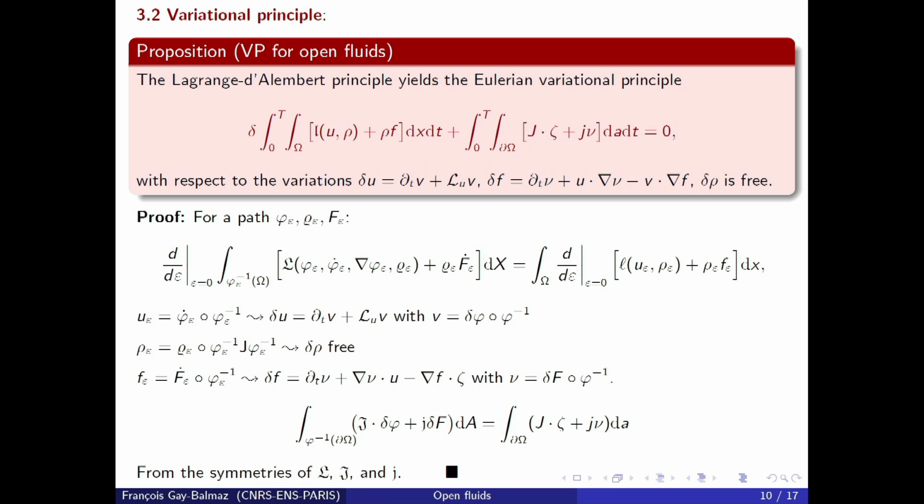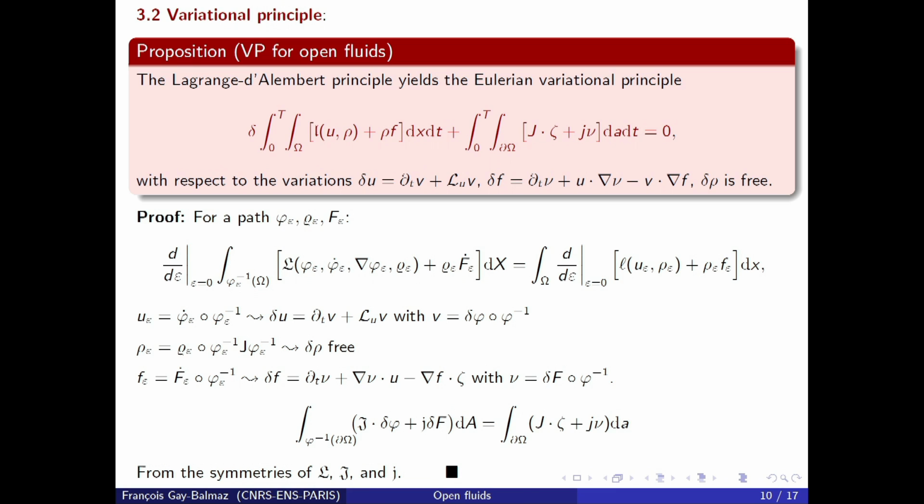So the only difficulty here is to identify what are the variations of the variable to be considered here, right? So this is the good old one, Euler-Poincaré variations, but you have another one here coming from the reduction process. But the variation of mass density is now free, right?